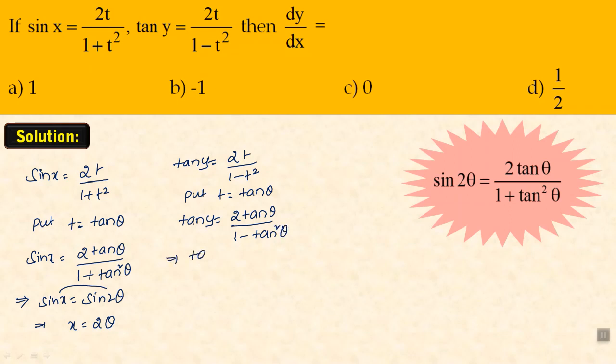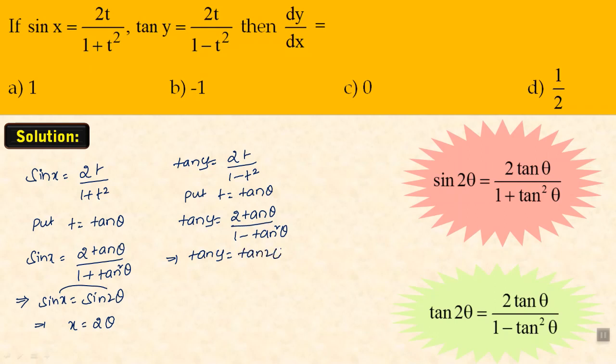This implies tan y is equals to, we know that tan 2 theta is equals to 2 tan theta by 1 minus tan square theta. So here tan 2 theta. From this y is equals to 2 theta. From this x is equals to 2 theta. So here y is equals to x.